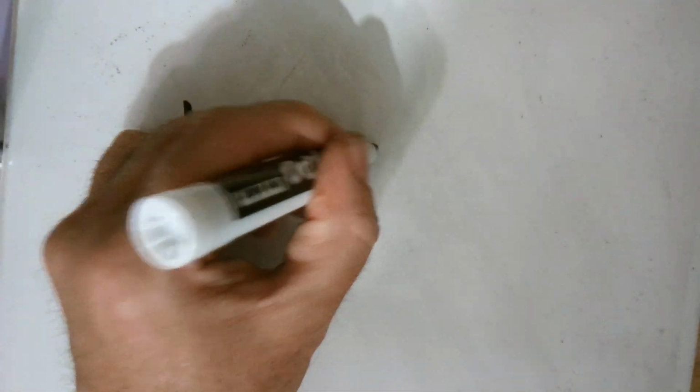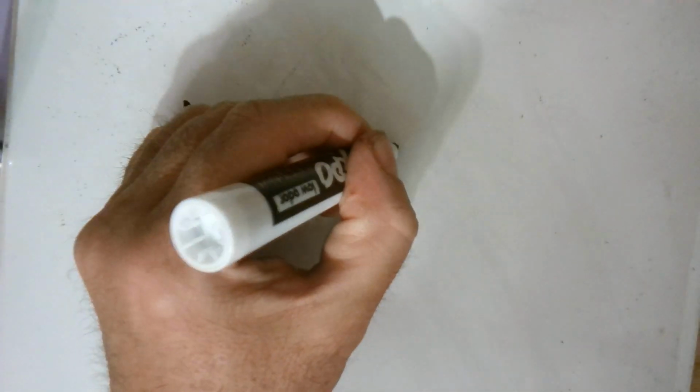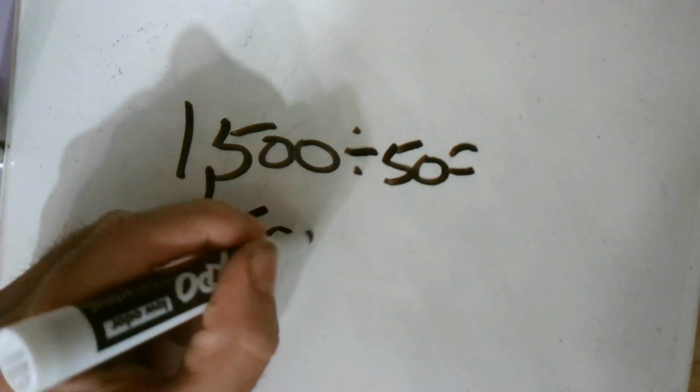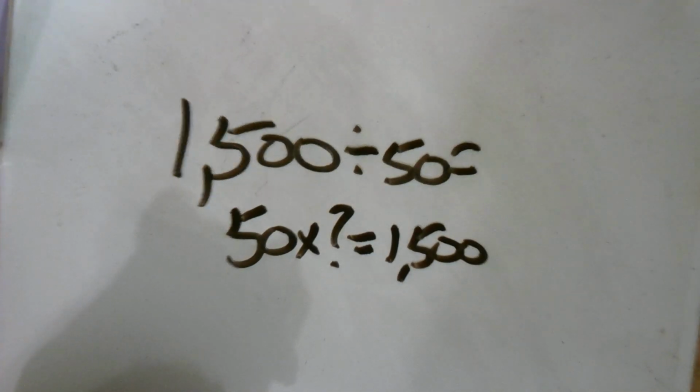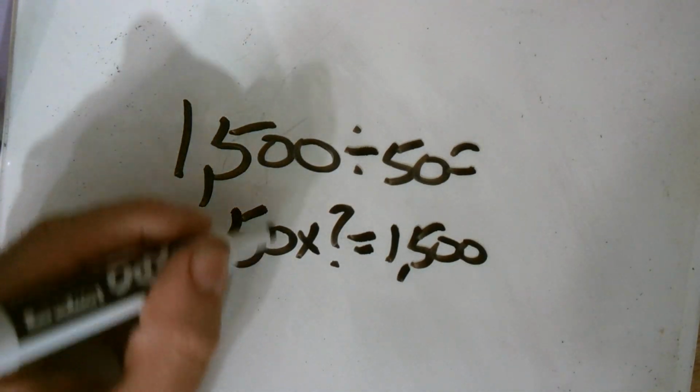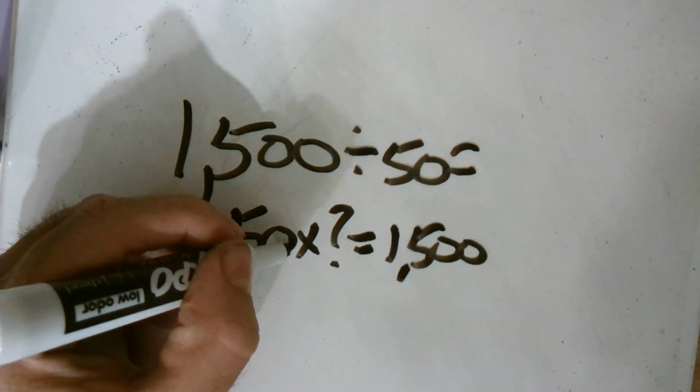All right, let's go with 1,500 divided by 50. What is it? Okay, so 50 times something is 1,500. Okay, kind of take out my zeros.